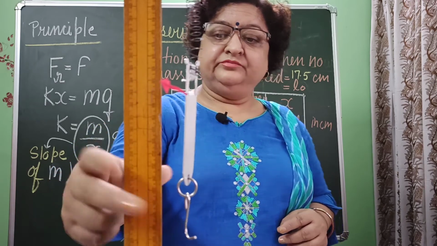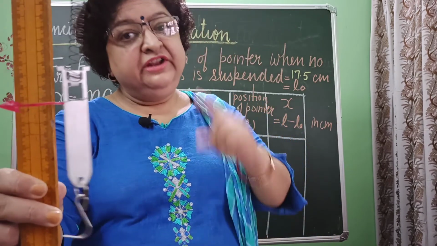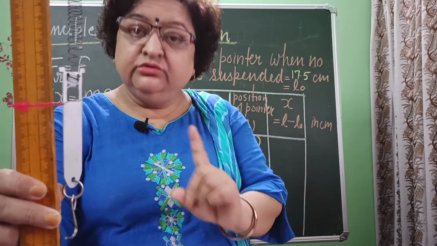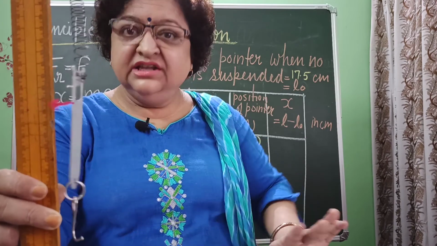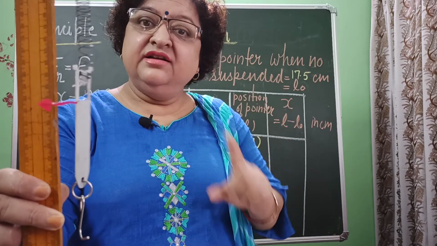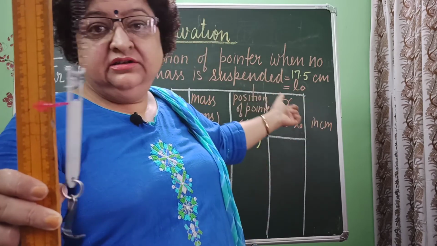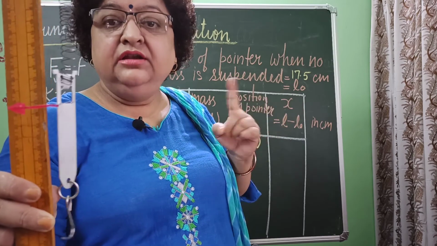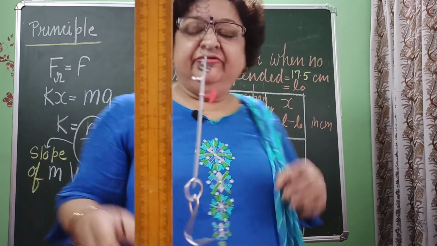So children, whenever you write any reading from this meter scale, you have to write it up to the first decimal place. If nothing is there at the first decimal place, then write 0.0. But never write a reading from the scale as 17. If it is 17, then you have to write 17.0.